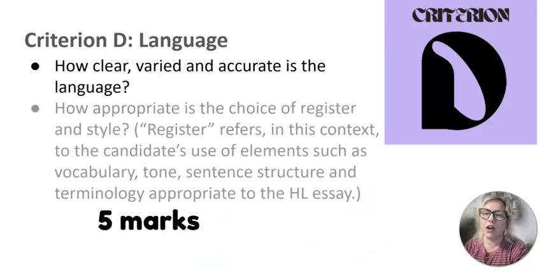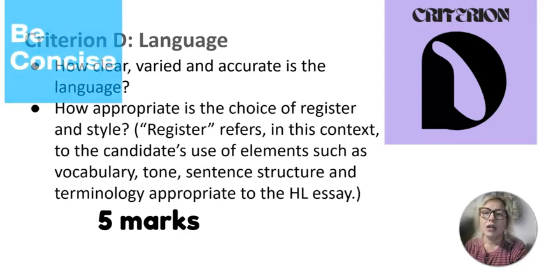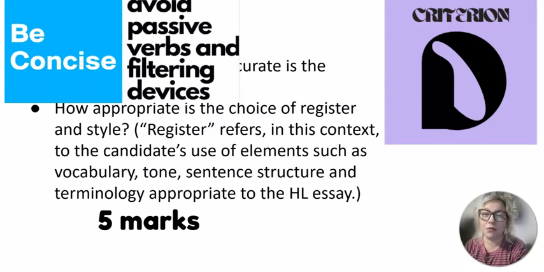And then as far as how appropriate is the choice of register and style, what are they getting at here? Well, they're talking about being concise. In other words, making your point in the fewest words possible. You want to avoid passive verbs and filtering devices in order to be concise. Now, sometimes this is tricky, right? Because I'm telling you I want this essay to be longer, 1,200 words.